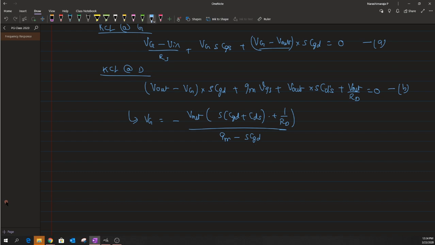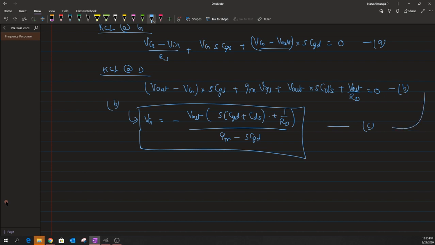Okay. So basically, I'm going to derive this gate potential in terms of Vout and Vin, such that this Vg expression comes out of our expression B, and I would mark this as expression number C. Now I'm going to substitute expression C into expression A, and I will write only the final expression, which is Vout by Vin of s, and that will have something like s times CGT minus gm into RD divided by RD, RS and a factor eta.